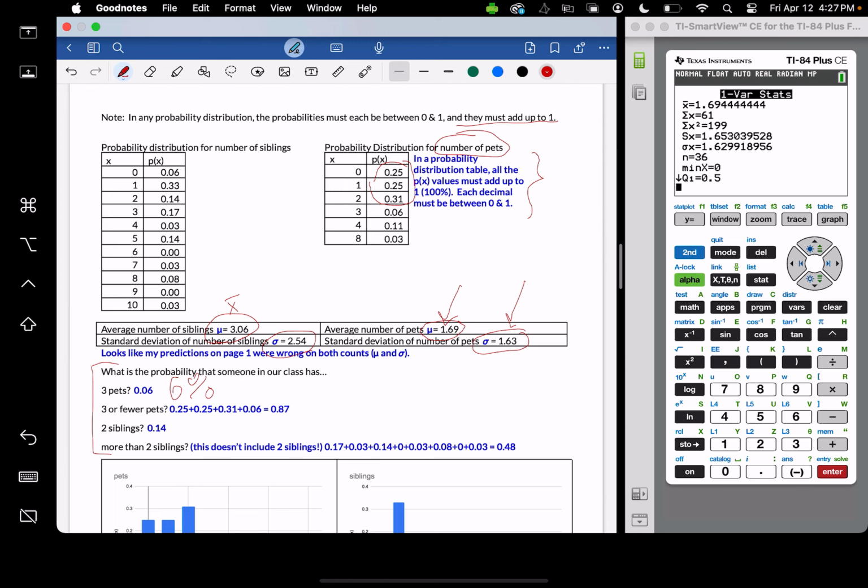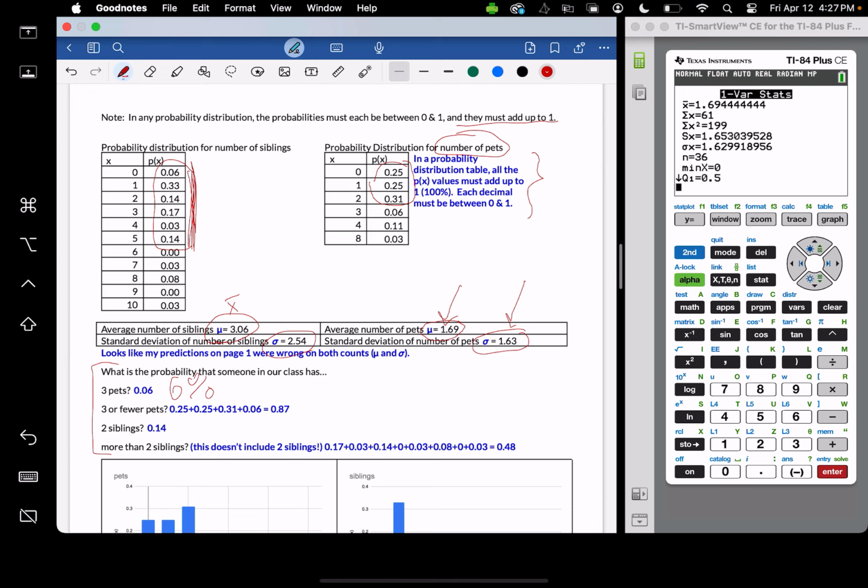But when you go to siblings, you see it's a little bit more spread out. So probabilities 1, 2, 3, 4, and 5 are all kind of similar, so there's a little bit more spreadoutness or variability in the number of siblings. I can just see that by their probabilities.